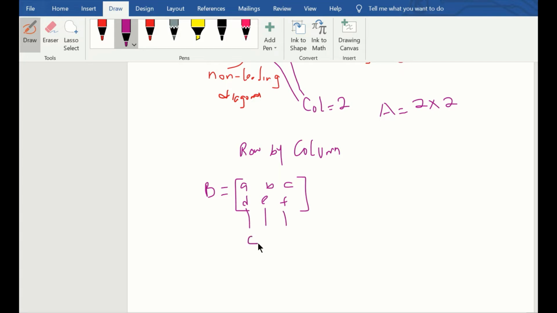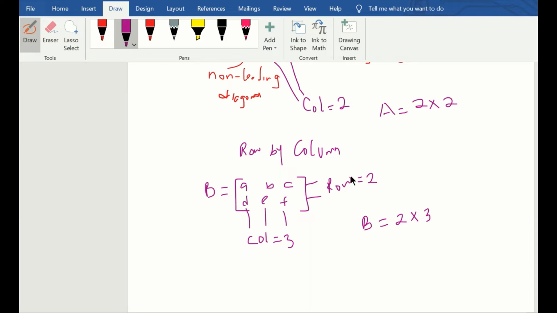So the number of columns in this matrix is 3, while the number of rows in this matrix is 2. So if I am to name this matrix, it can be B equal to 2 by 3. Okay, so these are ways that we can name a matrix.